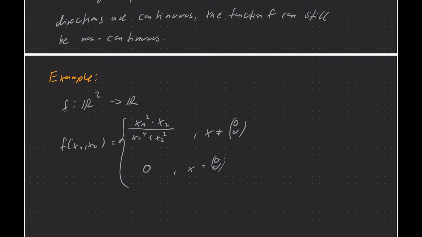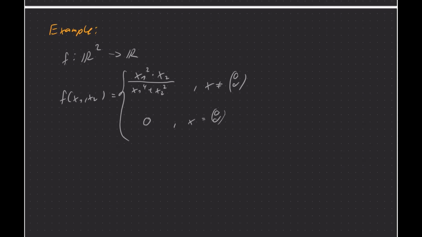And of course, the question is: is this function continuous at the origin? So what we do is we consider a direction and we consider the directional sections of that function to see if those are continuous.